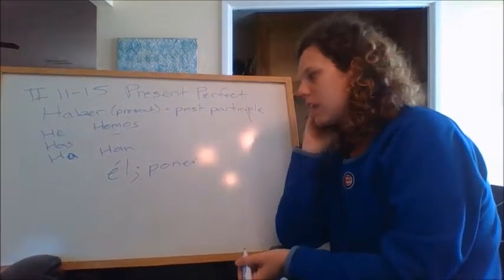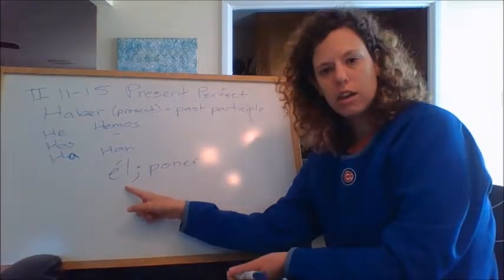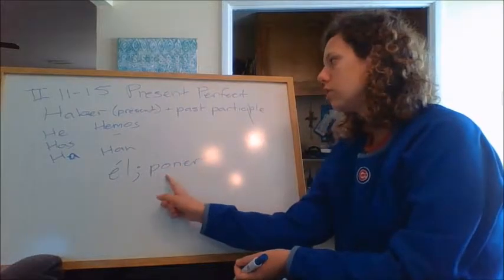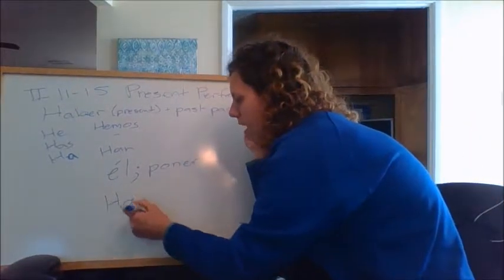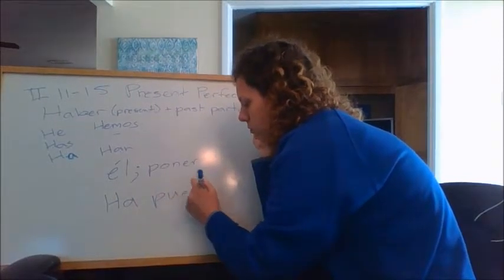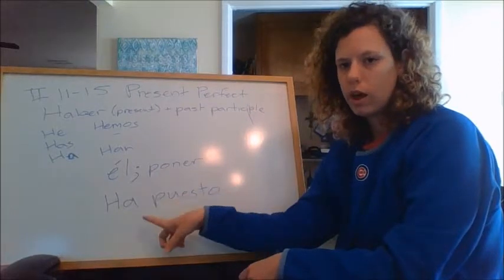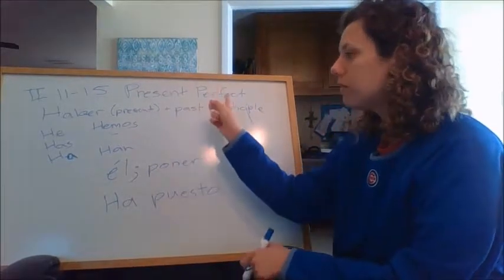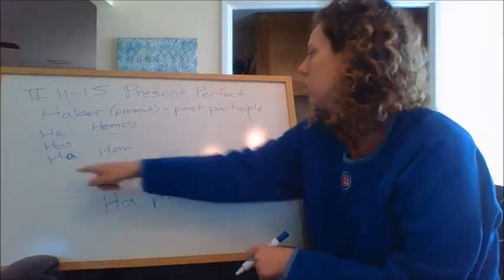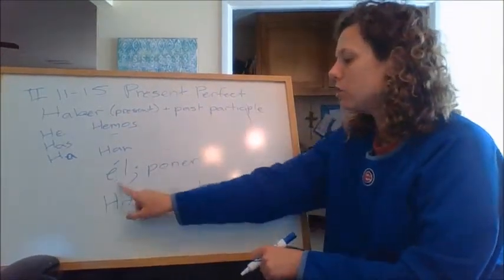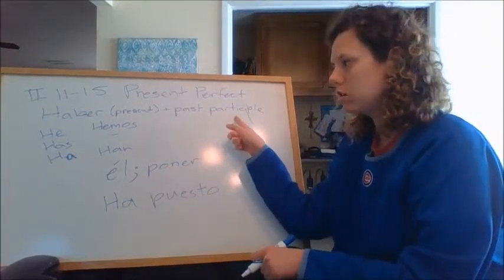And so you have to conjugate haber based on the subject, and then you have to turn the verb into the past participle. So this is going to look like puesto, because poner is irregular. Okay, so present perfect is haber in the present tense, one of these, with the past participle.